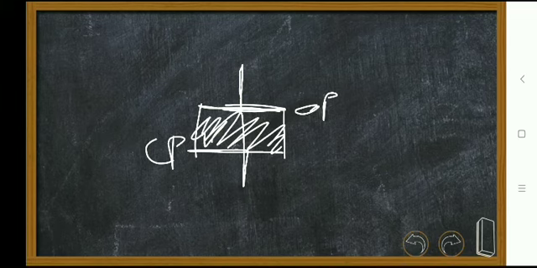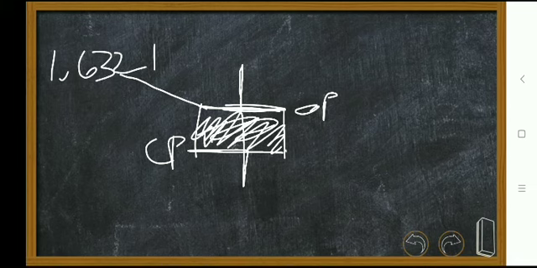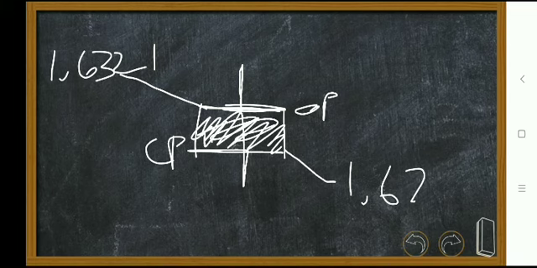So if this happens, let's just say the opening price was 1.6321, then the closing price was 1.6221. You can see that there's a difference of 100 pips.